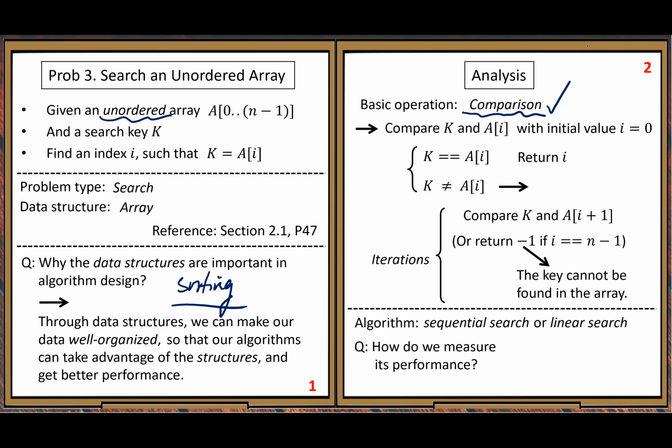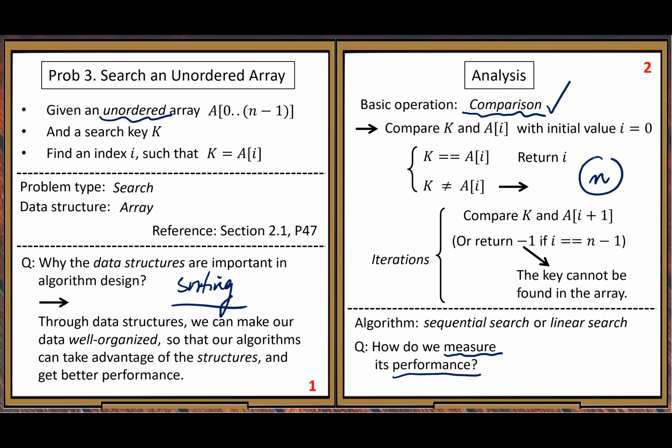But when we talk about measuring the performance, which case should we use? Should we use the best case or the worst case? If you use the worst case, for this particular question, our worst case, we need to use n comparisons, right?